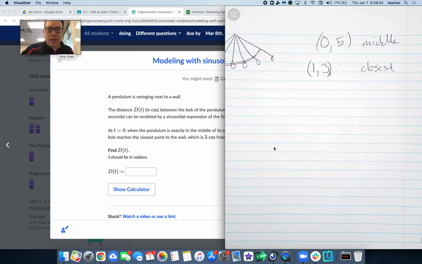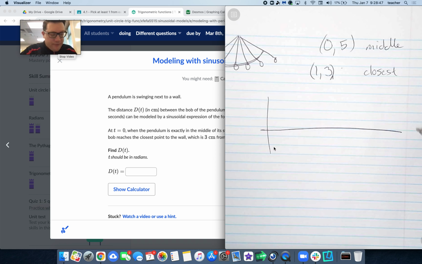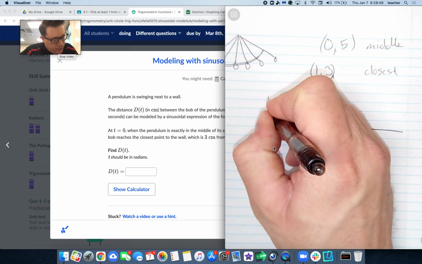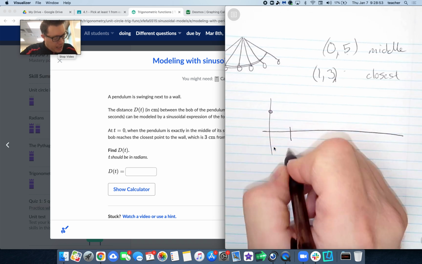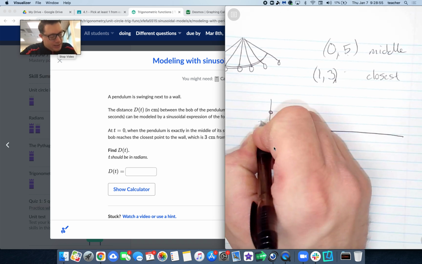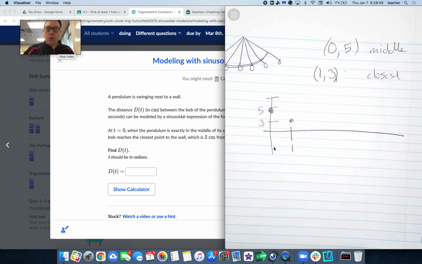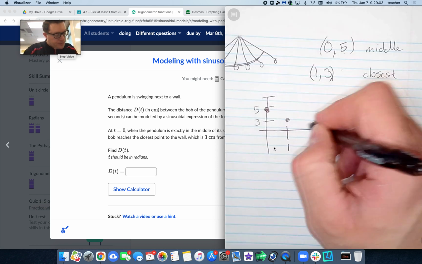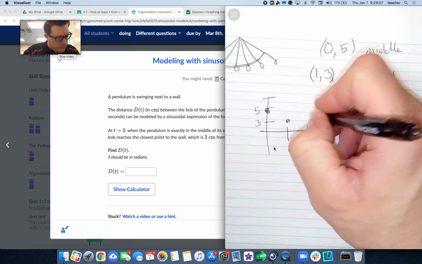All right, so we want to determine capital D of t, and let me share with you what I've written down. I'm going to quick sketch this on a graph. (0, 5) would be where the pendulum is at the middle, and then 1 second later, it's at 3 in height. So if this pendulum is going to continue swinging close to the wall and then away from the wall, 1 second later, it's gone back to the middle.